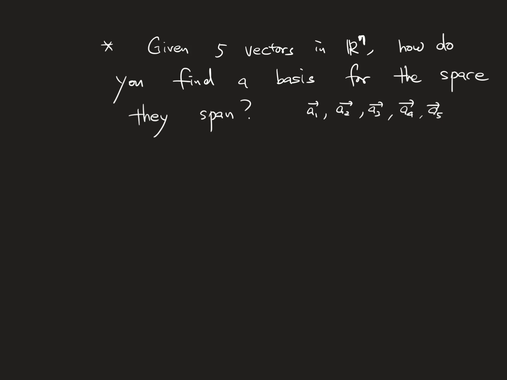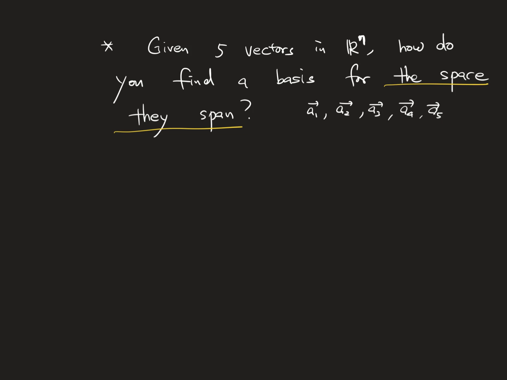We have to be careful about the space they span because we have only 5 vectors. So the maximum dimension will be 5, but we don't know whether they're independent or not. If they're dependent, maybe the dimension of the space they span will be less than 5.